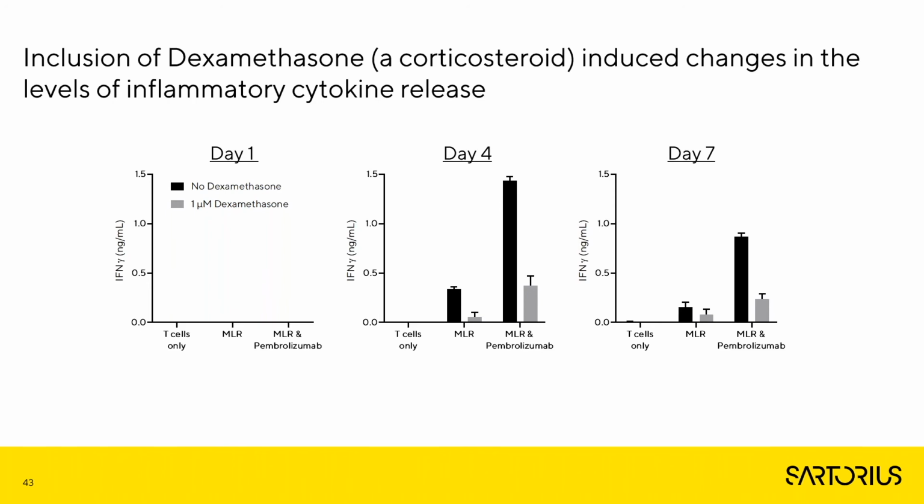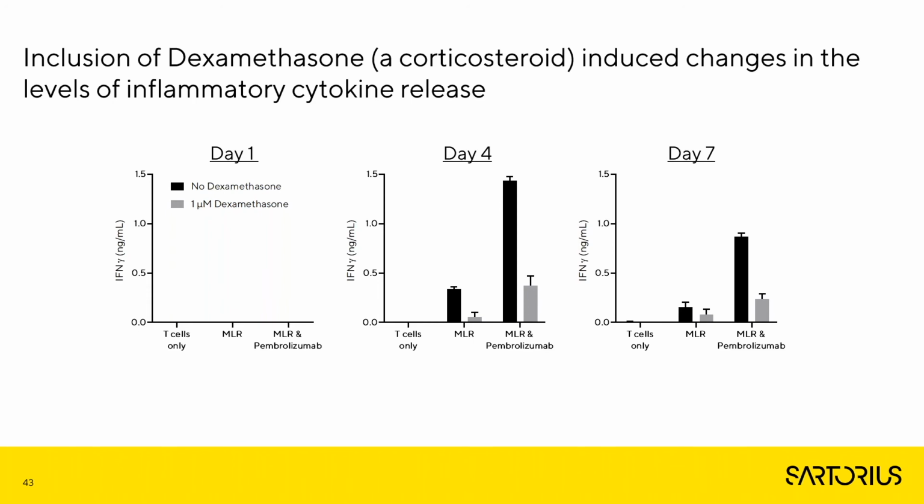And it was interesting to see that on days 4 and 7, both in the presence and absence of pembrolizumab, we saw a decrease in the concentration of interferon gamma that was produced when the dexamethasone was added. And this same effect was also seen across several of the other inflammatory cytokines in the kit.